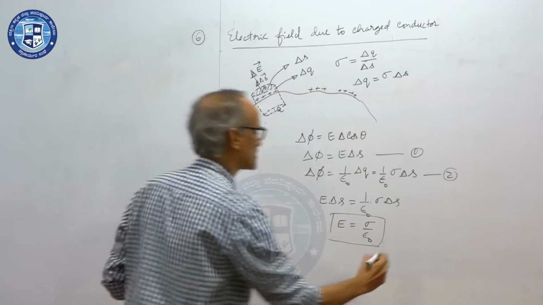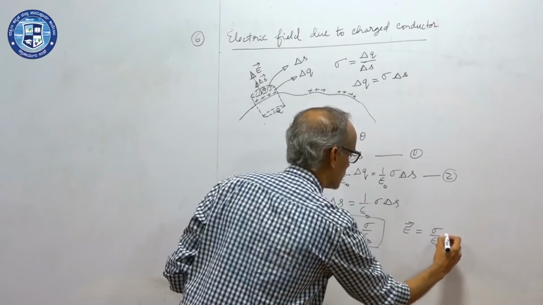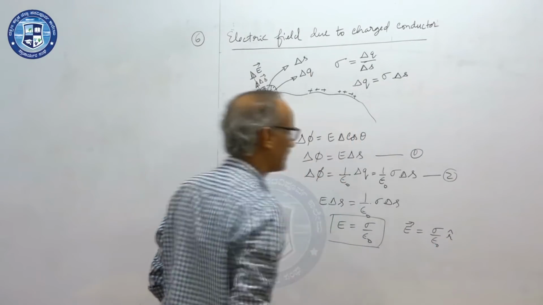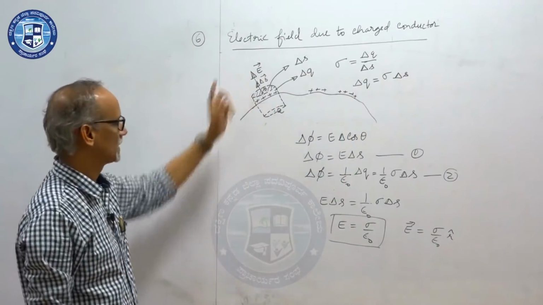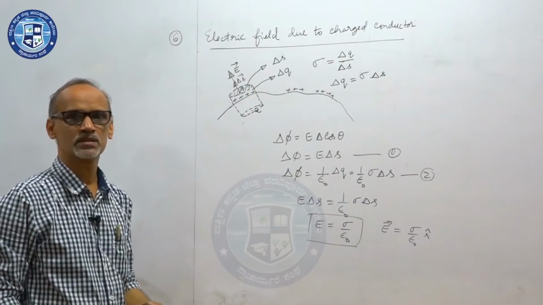If you want to write it in vector form, E vector is equal to sigma by epsilon naught, and you can introduce a unit vector in the direction of the electric field. So, this is the expression for the electric field due to a charged conductor.